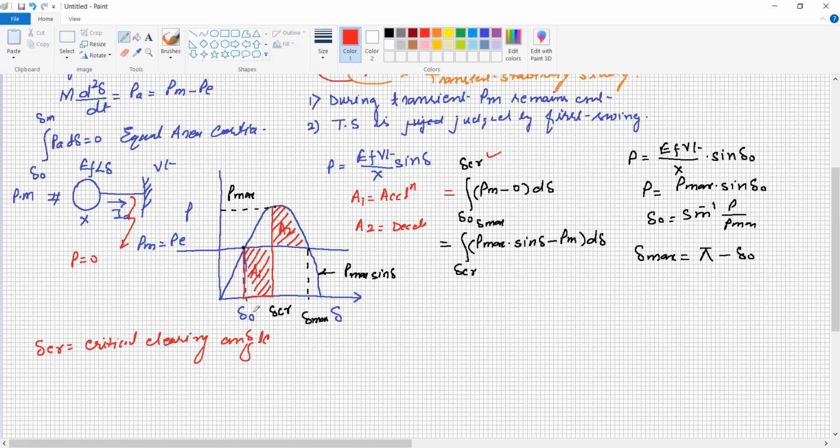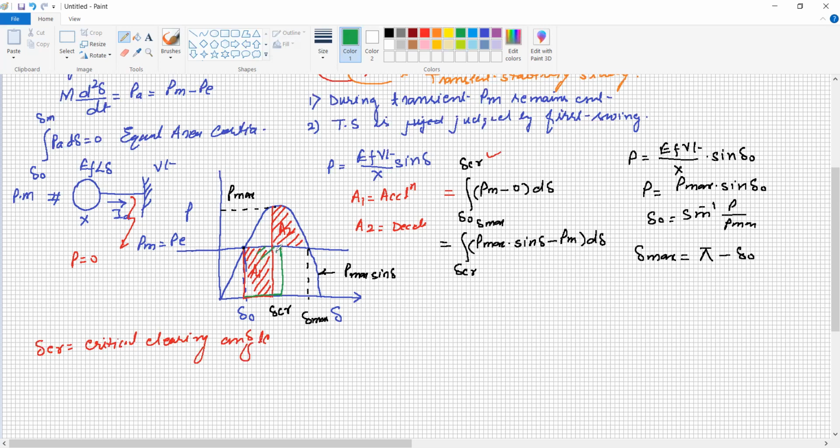Now, this is our point of interest. What is the point of interest? Say, for example, if the circuit breaker takes more time to operate, the operating time of the circuit breaker is greater, it is going to open over here, isn't it? Now, look at this figure very carefully.